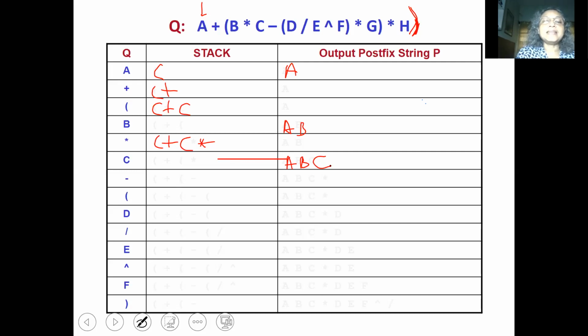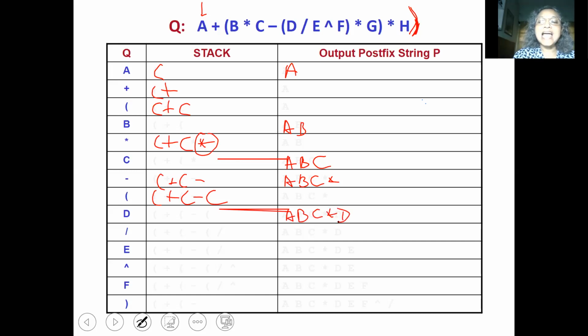So when we get a minus, this star will be popped from the stack. So we get A, B, C, star, and this minus is pushed to the stack. So the stack becomes this. Then we get a left parenthesis, which will be pushed to the stack. Then we get a D. D will be added to P.